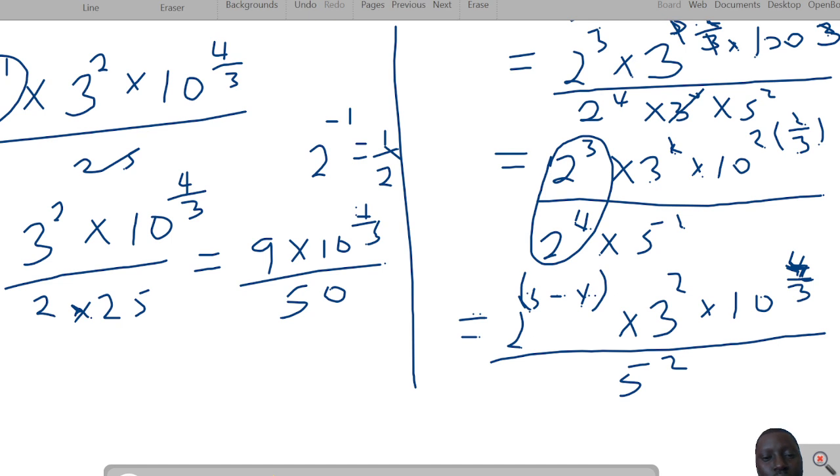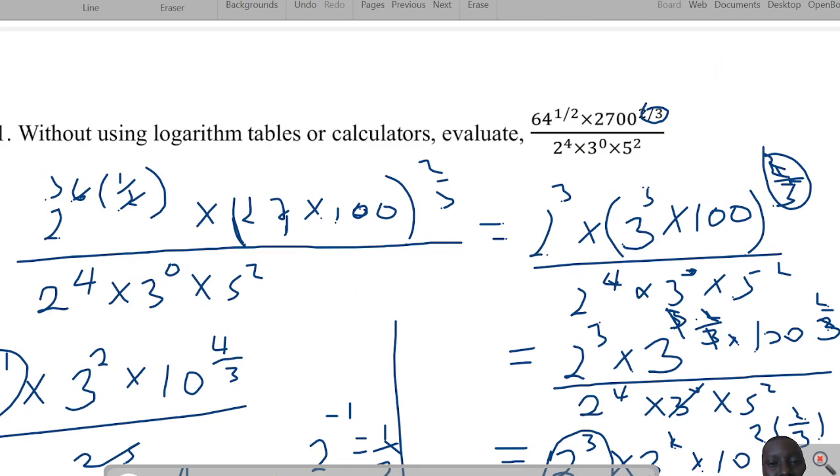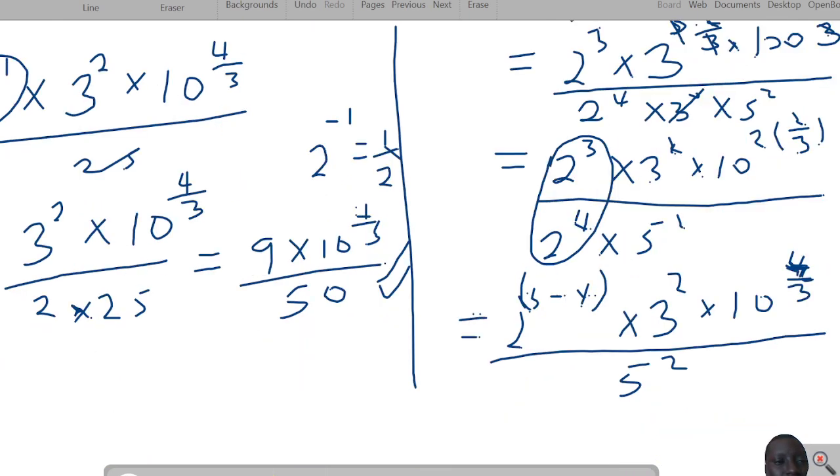And you cannot reduce it further than this, and therefore this becomes our simplified version of the answer.